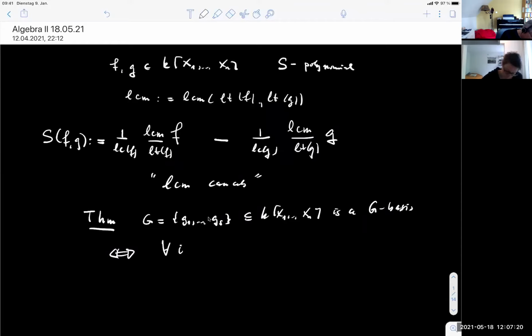For all pairs i, j, the S polynomial of Gi and Gj reduces to 0 modulo G.